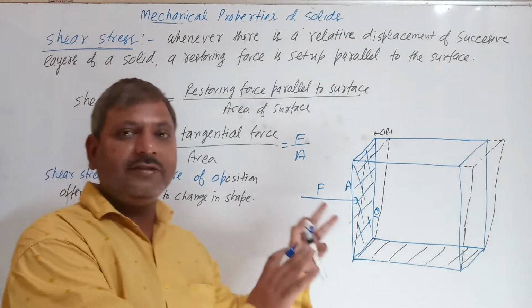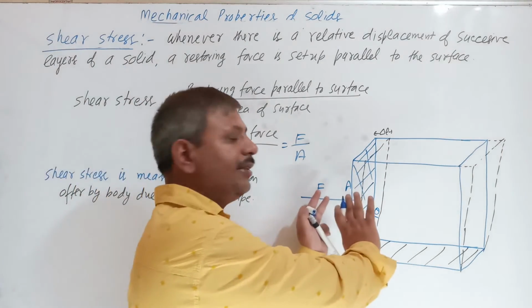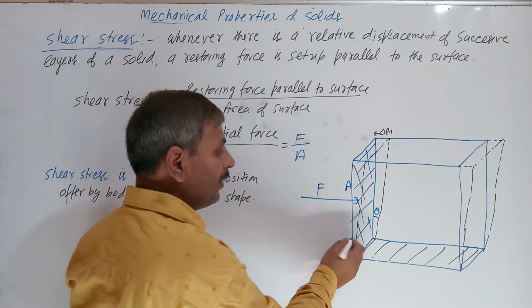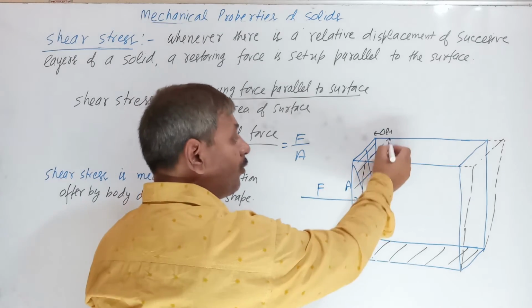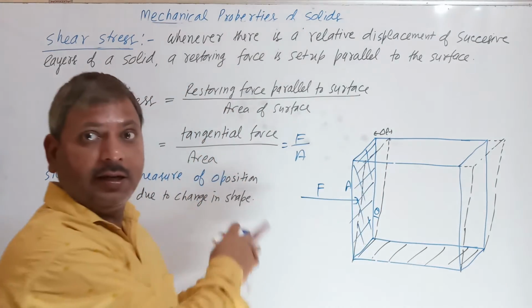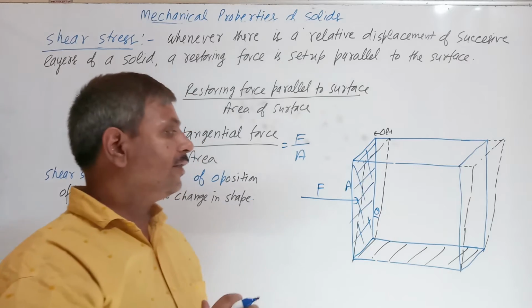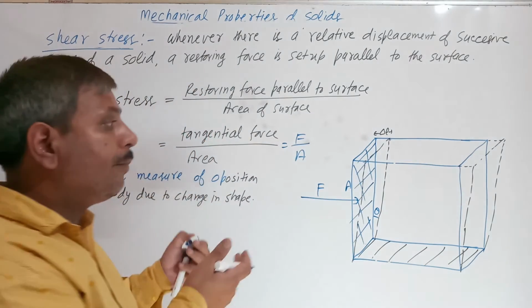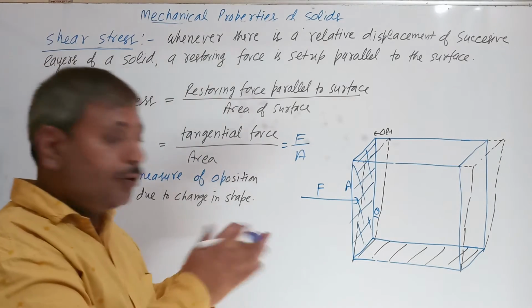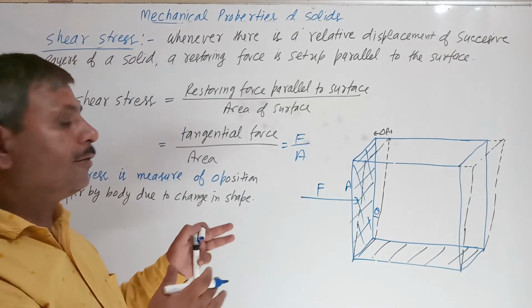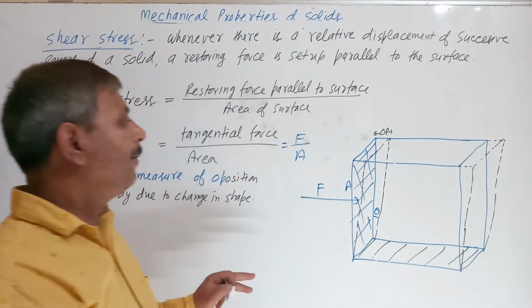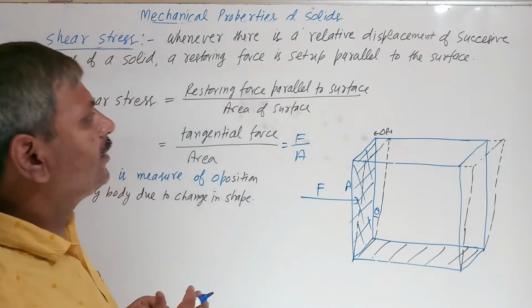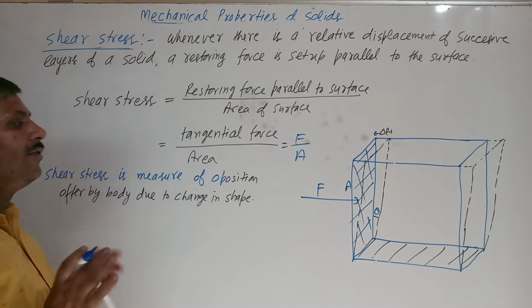So when there is change in shape, this perpendicular line will compress, and the external side will stretch. When there is change in shape, an opposing force develops, parallel to the surface due to successive change in layers, and that stress is called shear stress.